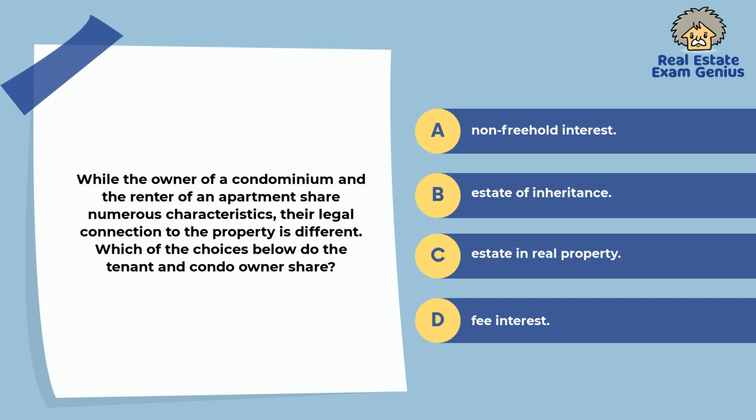77. While the owner of a condominium and the renter of an apartment share numerous characteristics, their legal connection to the property is different. Which of the choices below do the tenant and condo owner share? Non-freehold interest, estate of inheritance, estate in real property, fee interest.